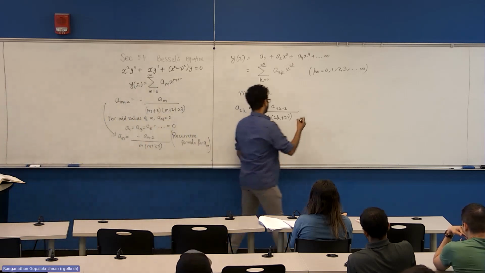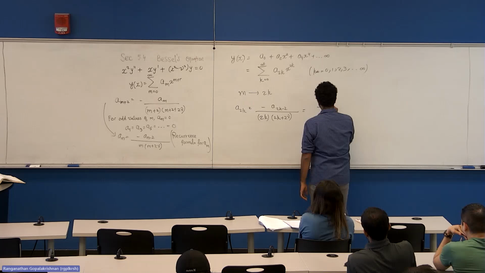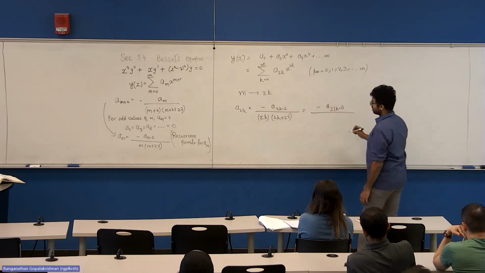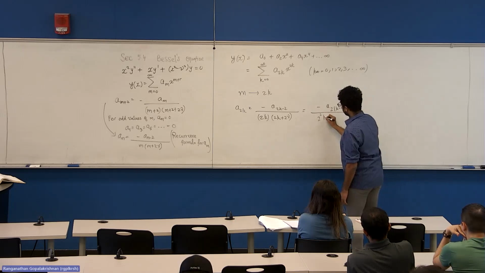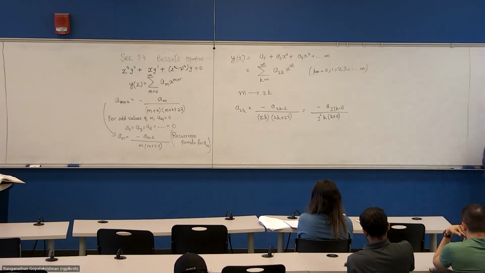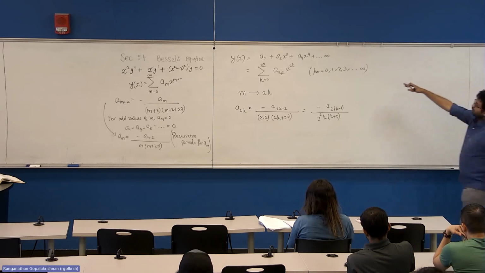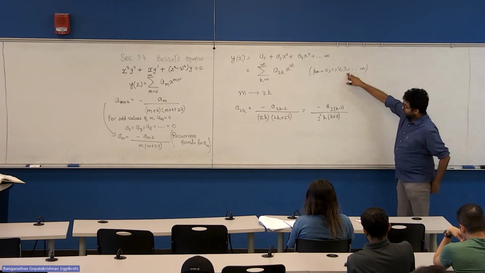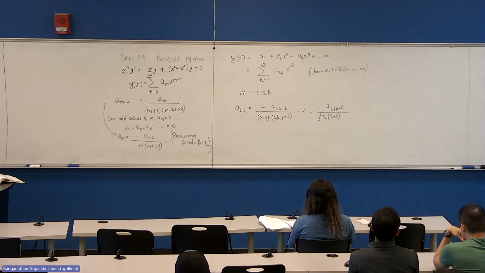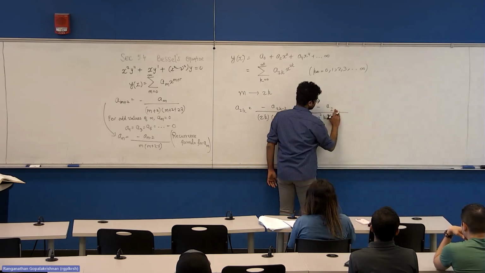So you can simplify this a little bit and write minus a_(2(k-1)) divided by 2 squared times k times (k plus nu). Where k can take all integer values 0, 1, 2 and so on, but you will have only even powers. Okay. Is that k minus one on a sub two? Is that in the subscript? Yeah, it's in the subscript. Okay.